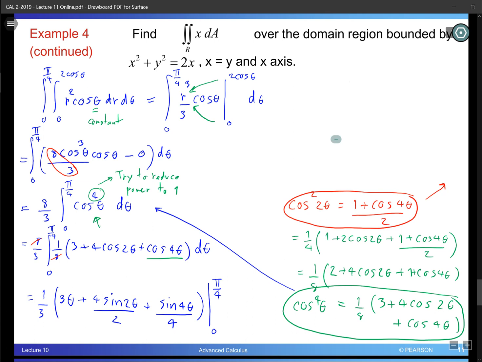Okay, now let's put everything in. So pi over 4 goes in. This is going to be equal to 1 over 3. Just the same, pi over 4 goes in. This becomes 3 pi over 4. Pi over 4 goes in here, becomes pi over 2.